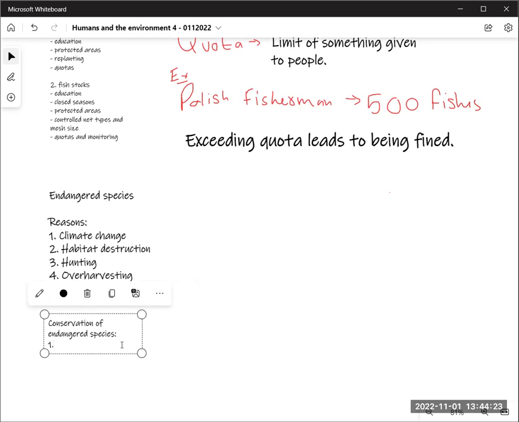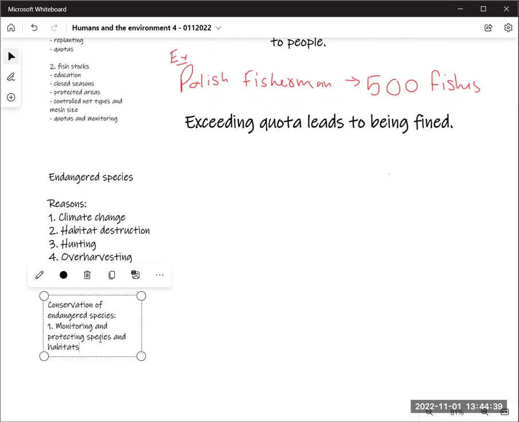The first thing you need is monitoring and protecting species and habitats. So if they ask in the exam, how can we conserve or protect endangered species? You would say we can do that by monitoring and protecting species and their habitats.